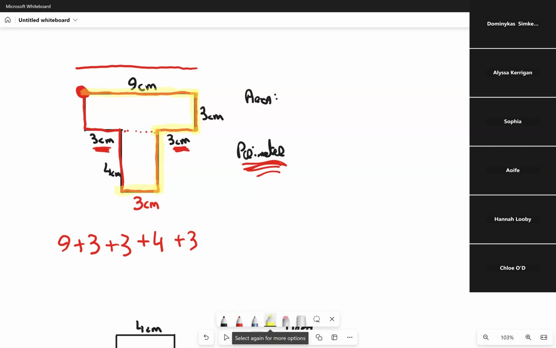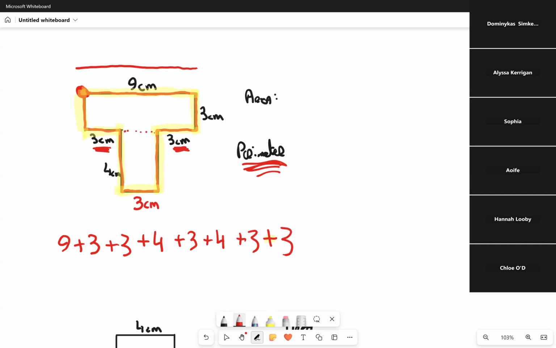And we have this bit going up here. 4. Yeah. Plus this bit here. 3. Yeah. Plus this bit here, the last bit. 3. Okay. And if you add all those up, you do it for me.